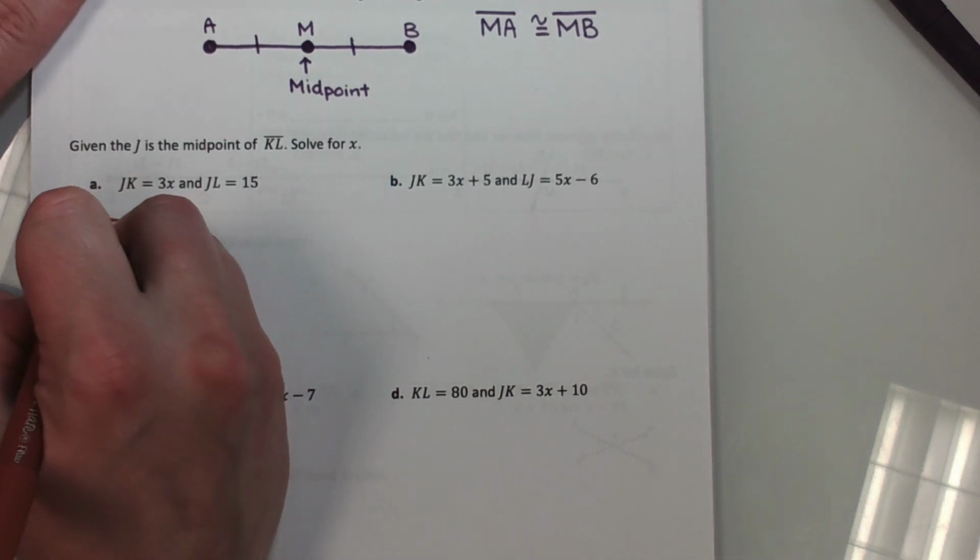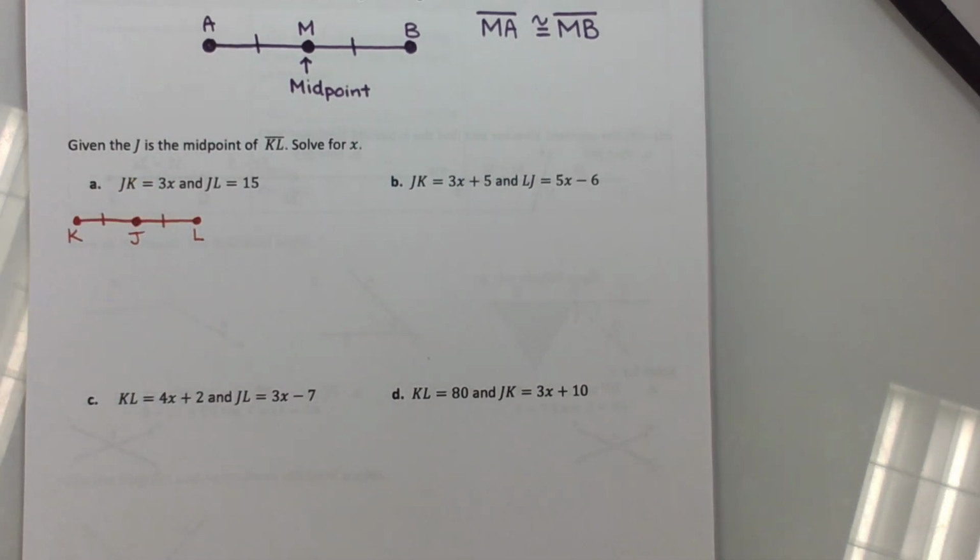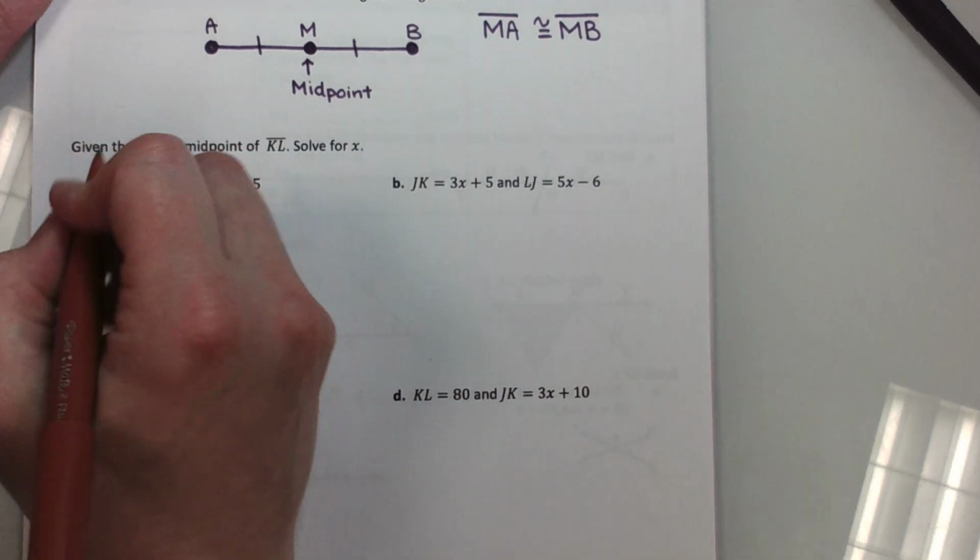Being smack dab in the middle means this is congruent to this. Now I'm told JK is equal to 3x. Is JK the right half? The left? Sorry, that's the left half. Let me do this backwards. The left half, the right half, or the full thing? JK is the left half. That's 3x.